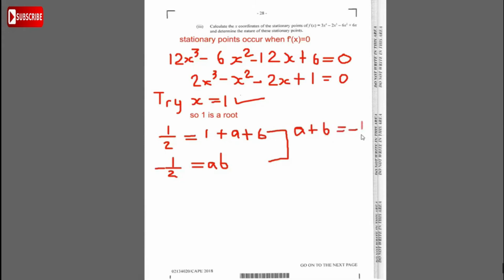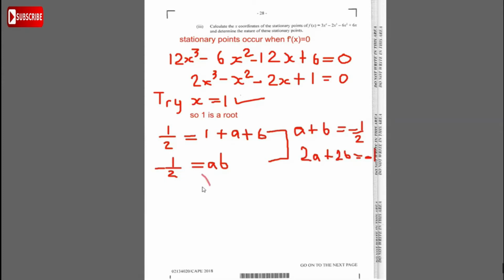Then I'm going to multiply through by 2, and I get 2a plus 2b is equal to minus 1. That's what I'm getting from the first equation.